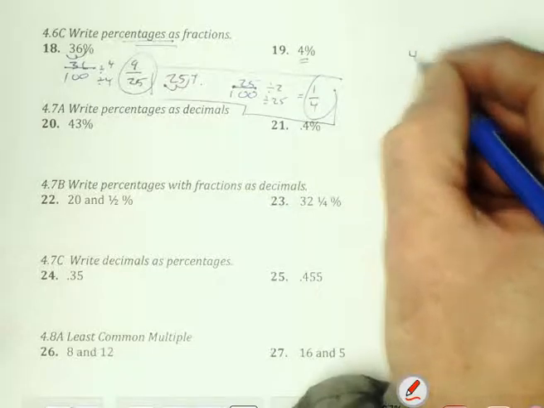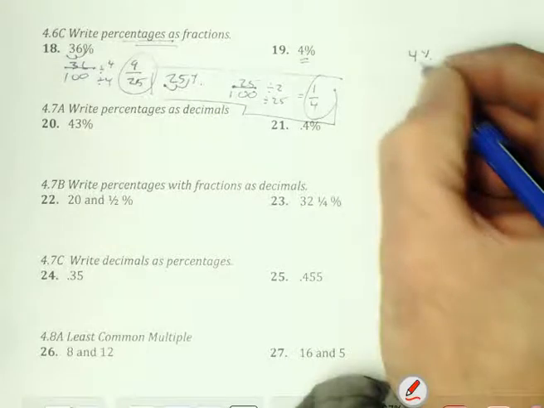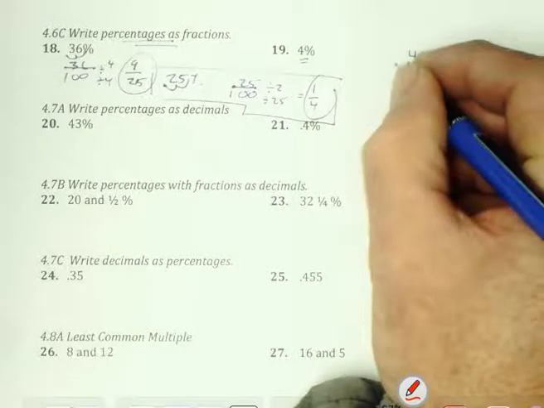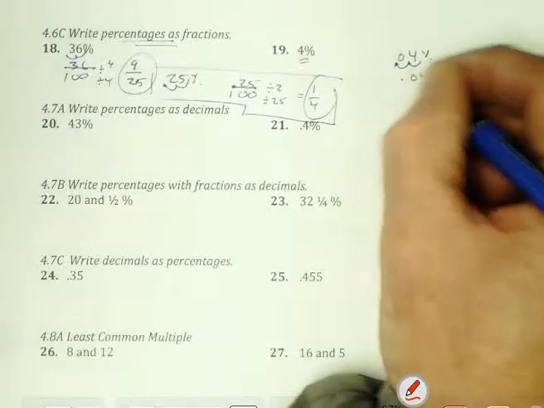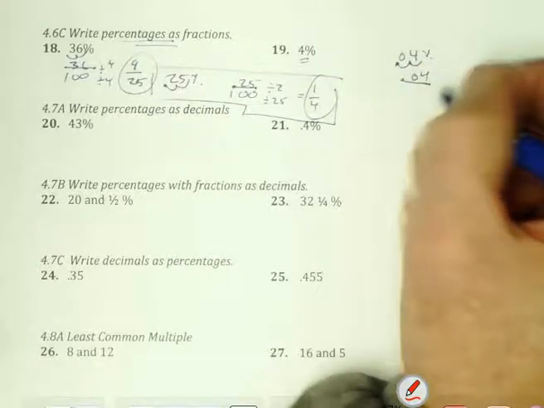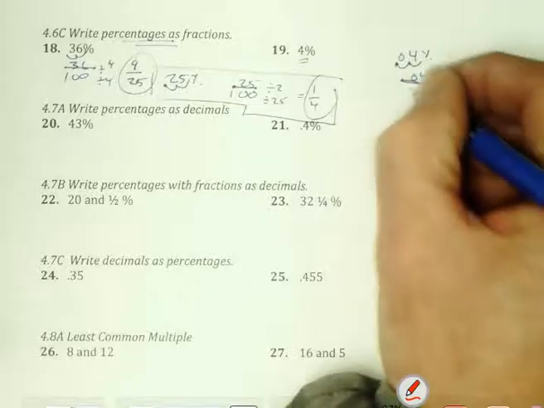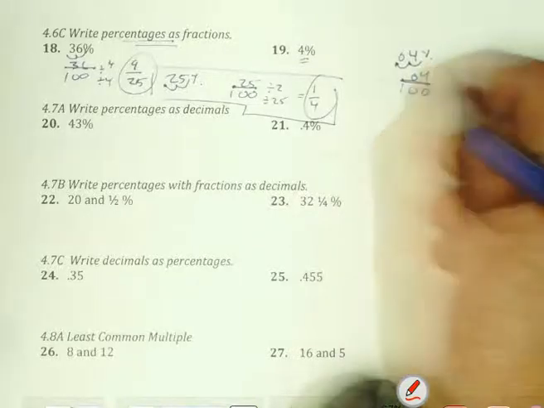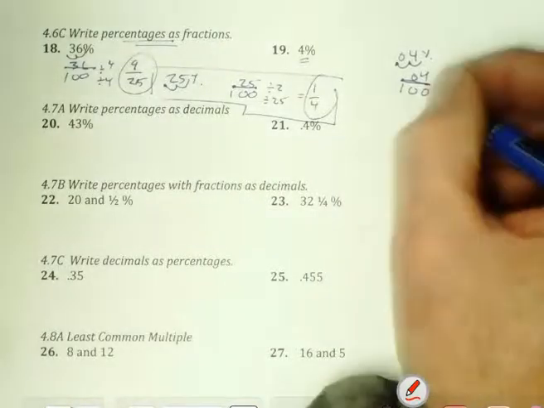So 4%, anytime you see a single digit, things are going to get a little nutty. So I got my 4%. Let's make that into a decimal. I'm going to move that 2 places, and this is where kids get mixed up. So now you've got 0.04. When I make that into a fraction and make that fraction bar, I put a 0 under both digits and then put a 1 in front of it. So now I have 4/100ths.